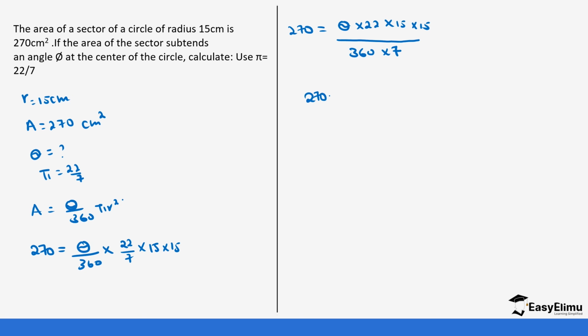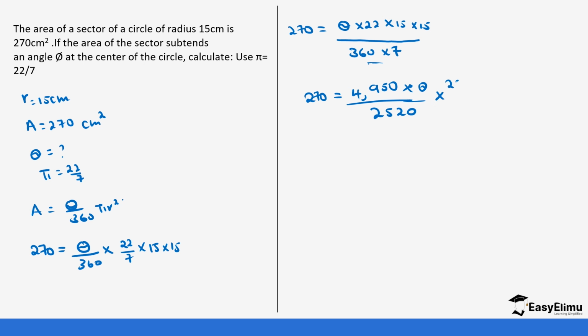So 270 is equal to 4,950 times the angle over 2,520. Now I have done this before. We multiply with the reciprocal so that we can be left with the angle on one side.